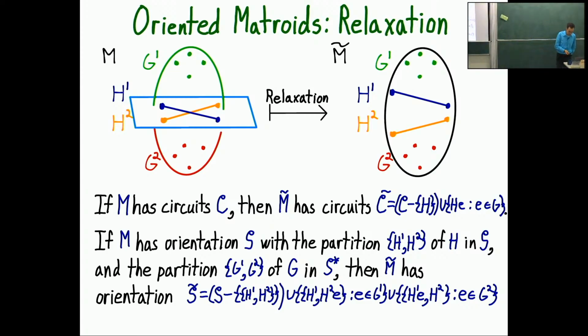If I've removed this element, these three would form a hyperplane, and H1 would go onto this side. That's the observation you can use to think of how the hyperplanes would split, or how the co-circuits would be oriented.